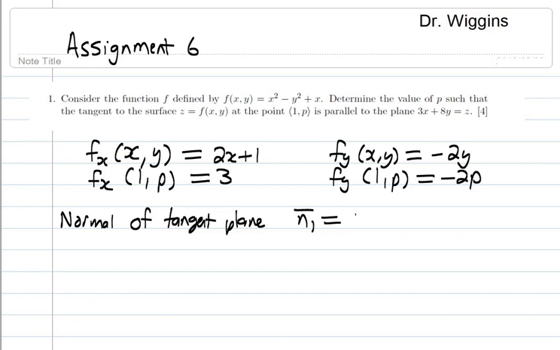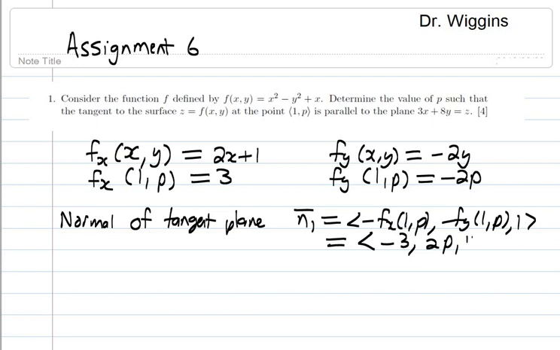The formula is minus f partial x at the point (1, p), minus f partial y at the point (1, p), comma 1. And we've worked out that this turns out to be (minus 3, minus 2p, 1).